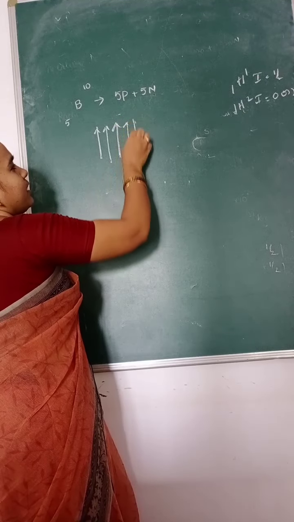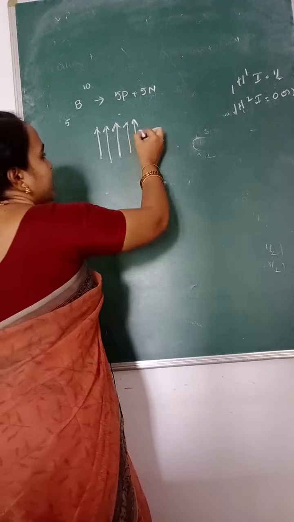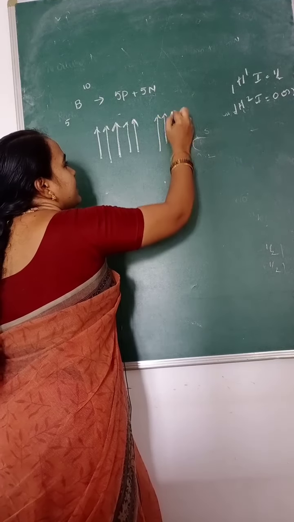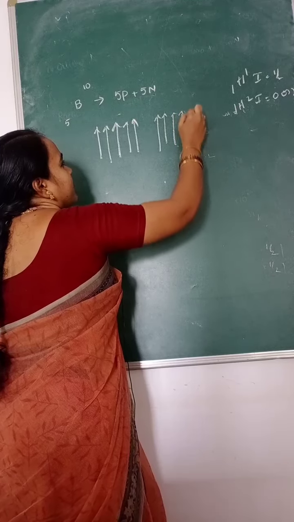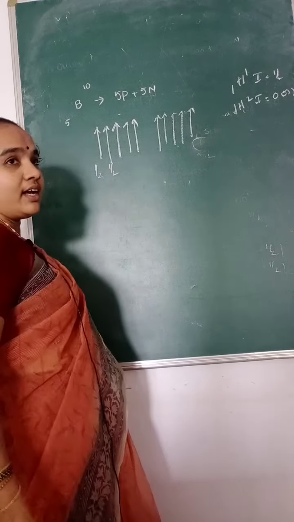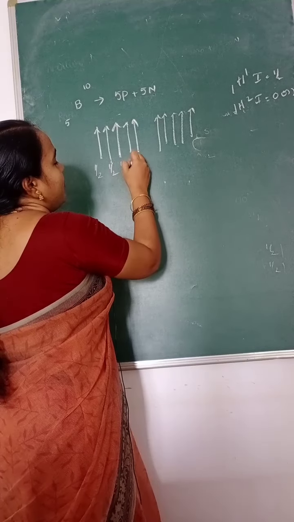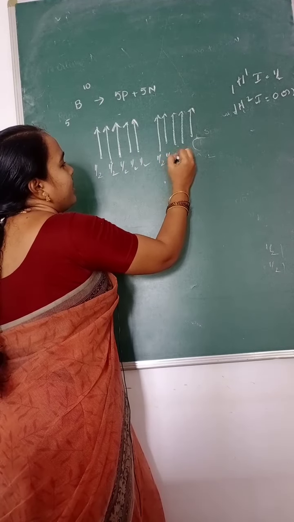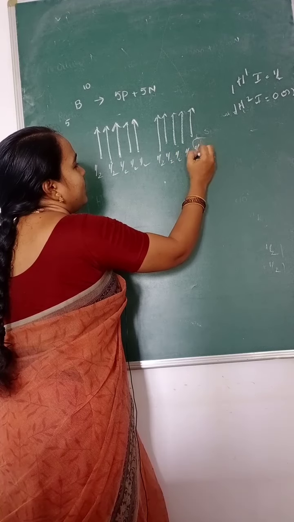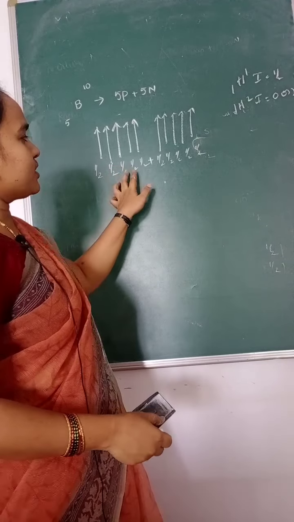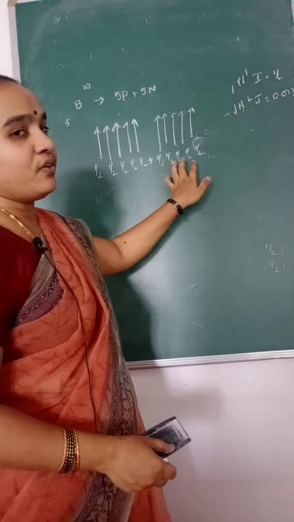All 5 protons may orient in the same direction, or all the neutrons may orient in the same direction. Each orientation is represented with the value plus 1/2, so the resultant sum is 1/2 plus 1/2 plus 1/2 plus 1/2 plus 1/2, which is 5/2.